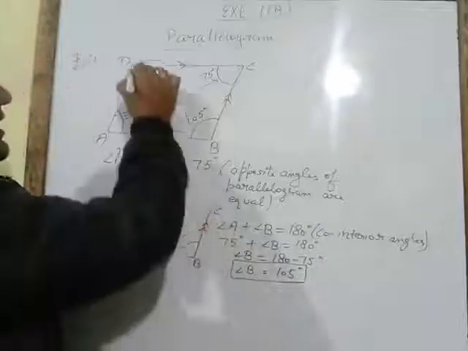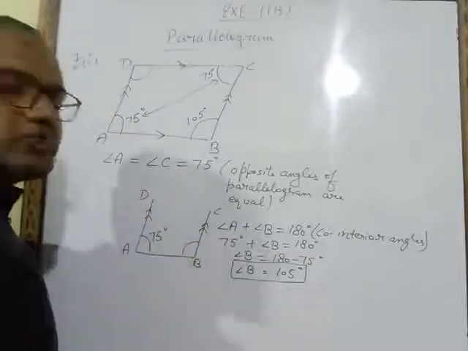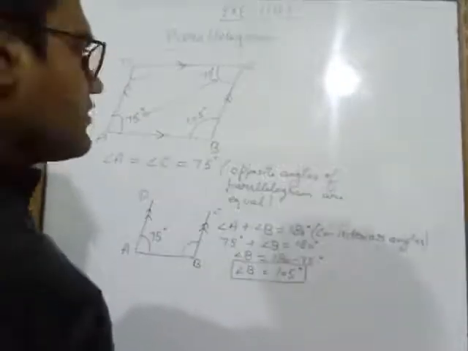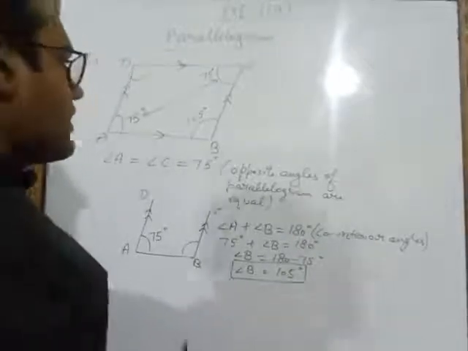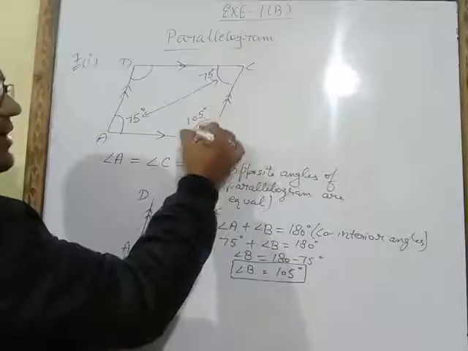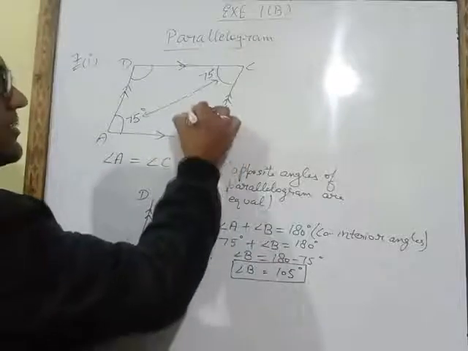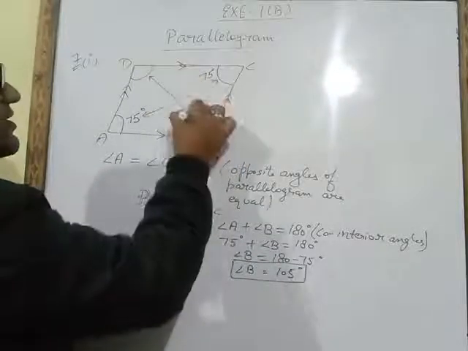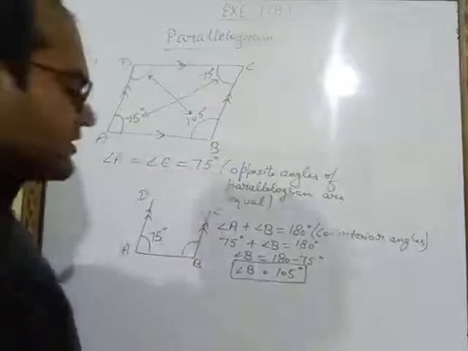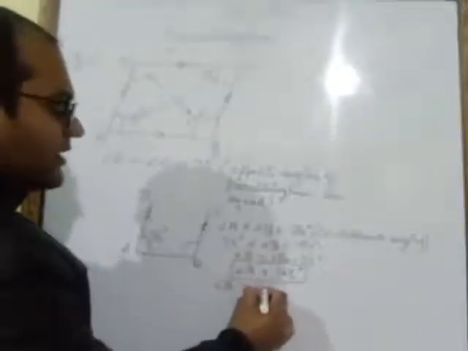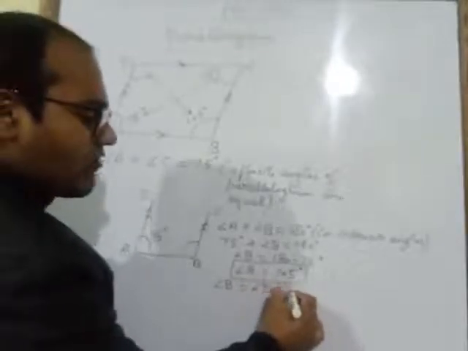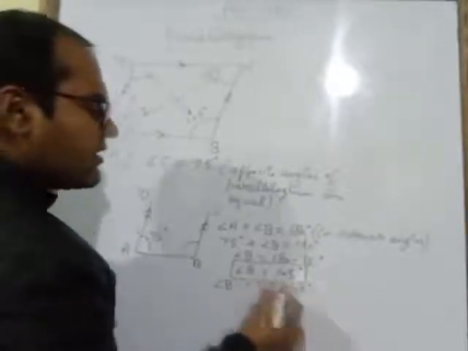So here we got 3 angles, angle A, angle C as well as angle B. Now only one angle is remaining and that angle is D. Here we have to use the property of parallelogram again. Which property will we use? Opposite angles of a parallelogram are equal. In front of angle B we have angle D. So these 2 are opposite angles. So we will say angle B is equal to angle D, and the value of both these 2 angles will be 105.